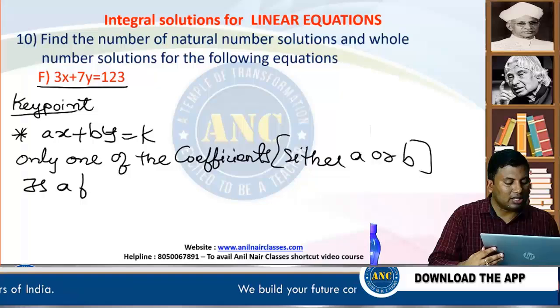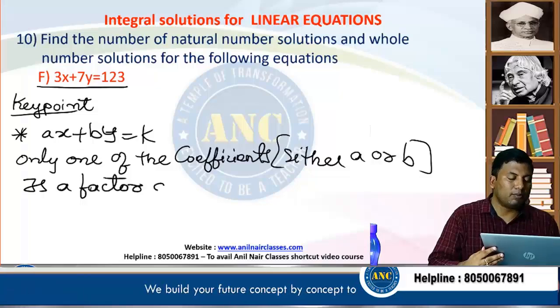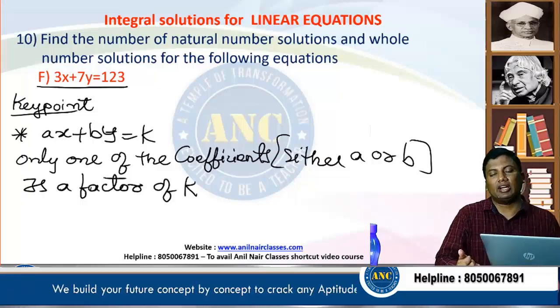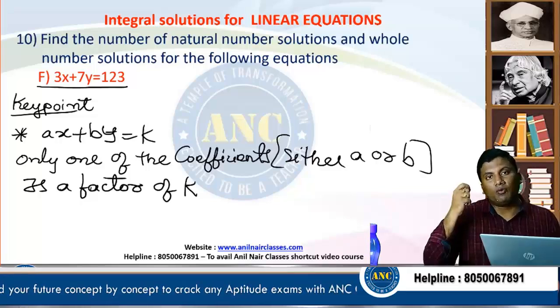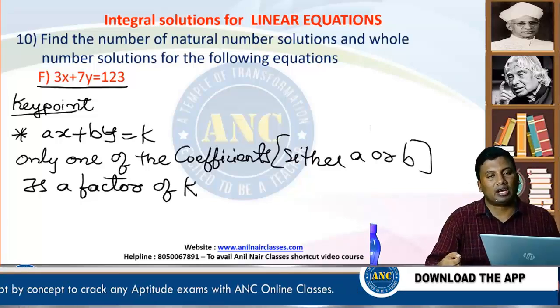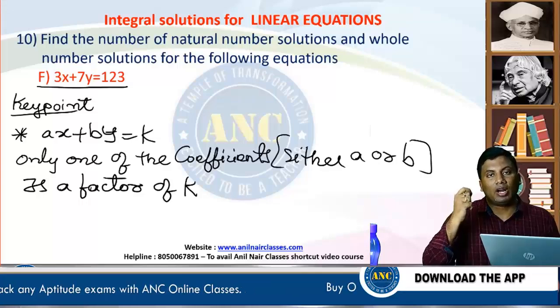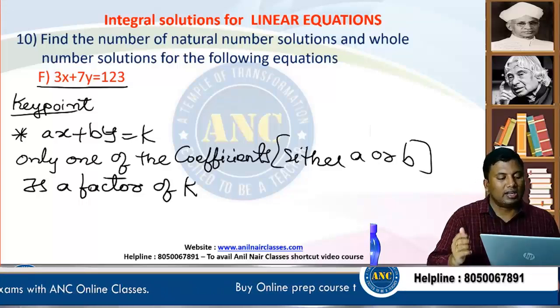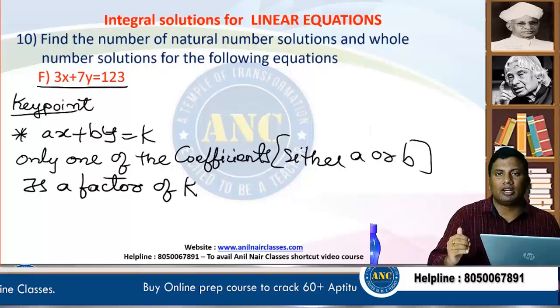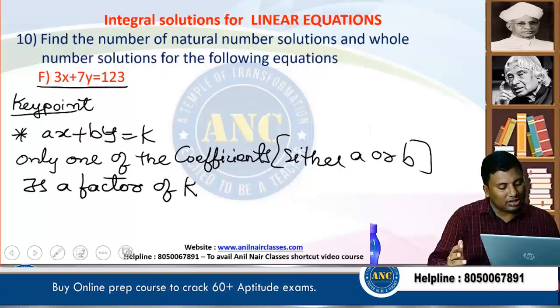We discussed when both of them are factors of the right hand side. Now I am discussing when only one of the coefficients is a factor of the right hand side. First I will solve it in the tabular method, then I will tell you the ANC method.